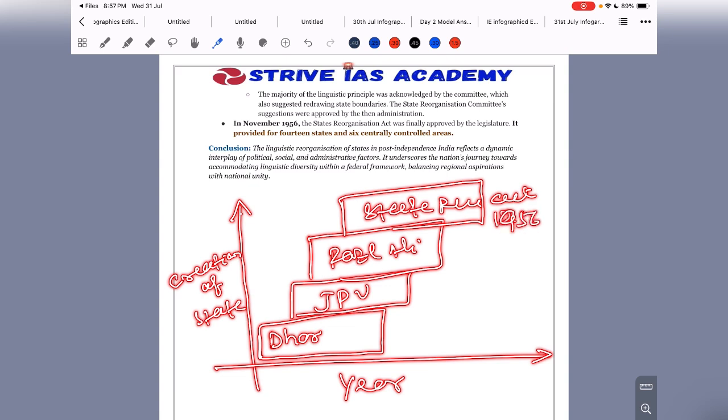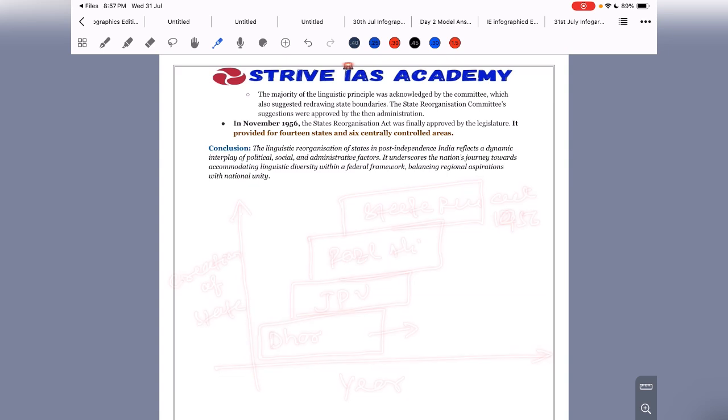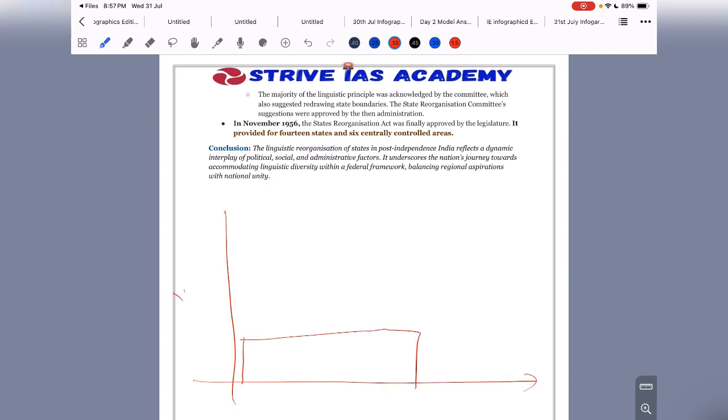Then here you need to write the recommendation. Let me write once. Creation of state. Recommendation, you can write here.